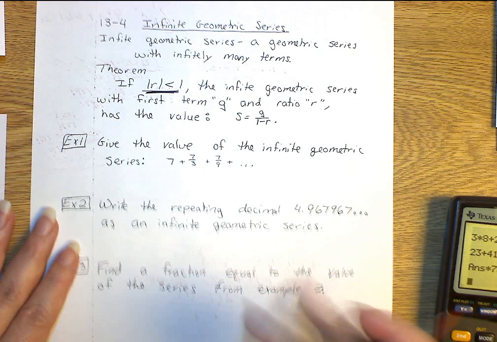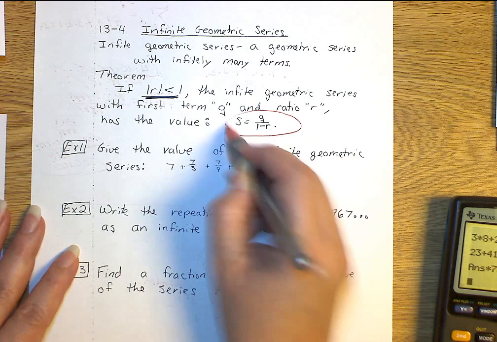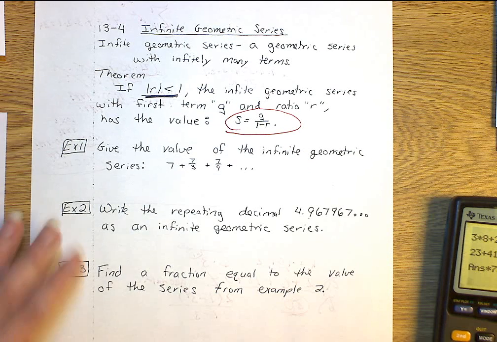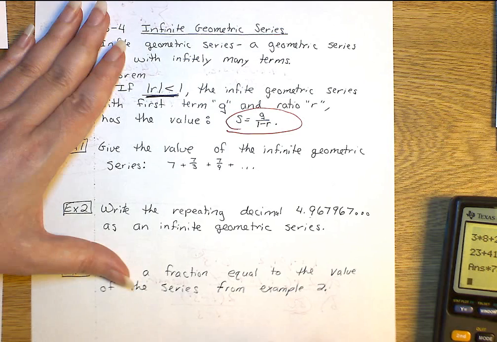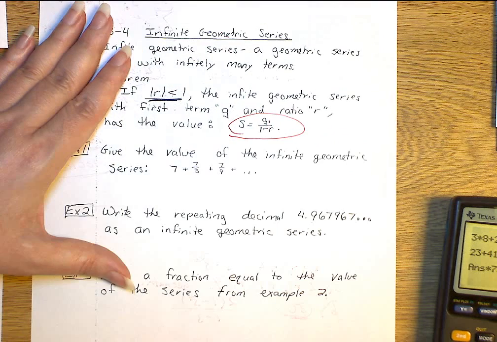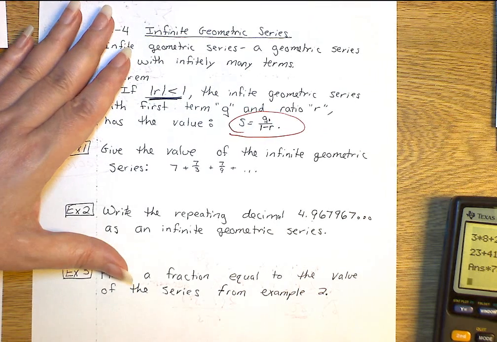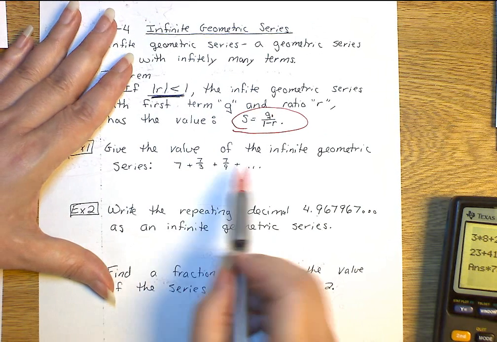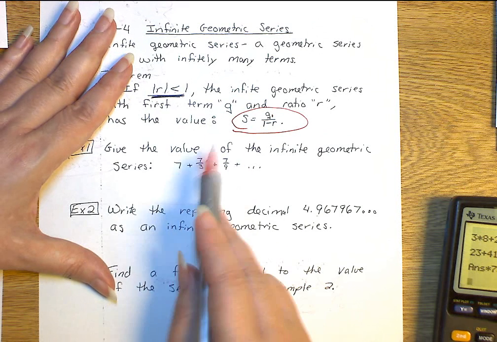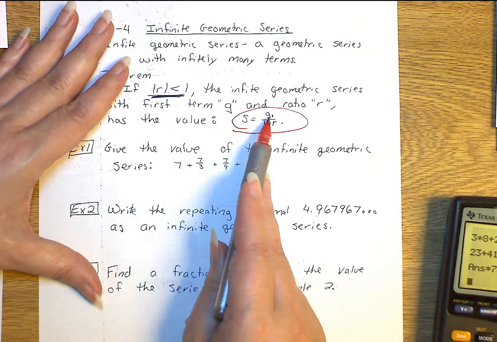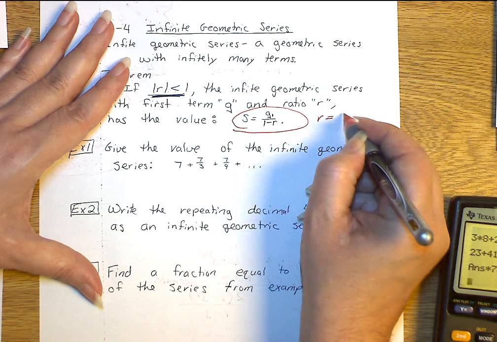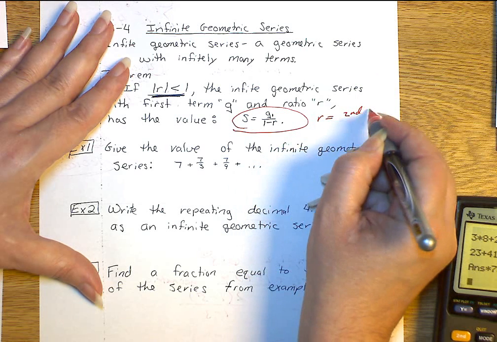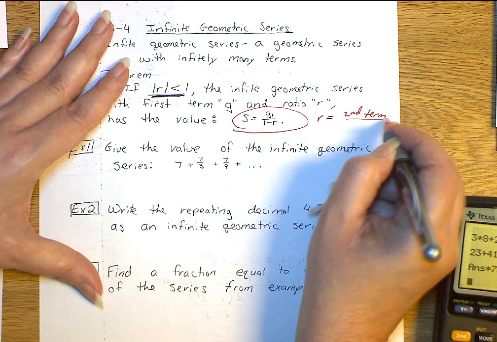To get a sum for your infinite series, you have S is equal to G, where G is your first term, so if you want to, you can call that G1, divided by 1 minus R, your ratio. So we have here your first term, and R is always your second term divided by your first term.